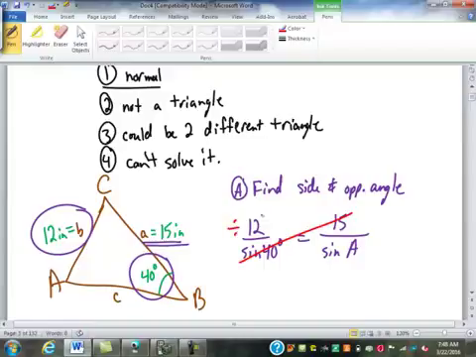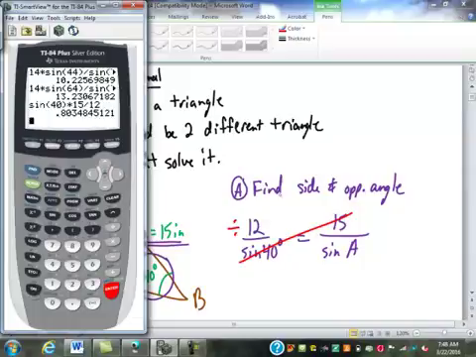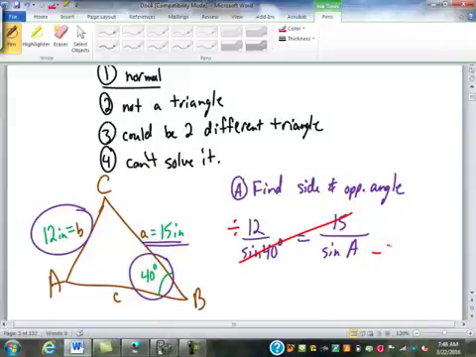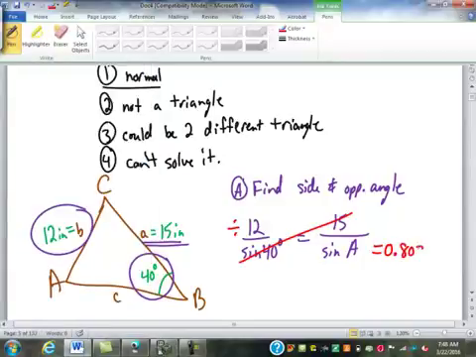Sine of 40 times 15 divided by 12. We get 0.8035. Now this is not our answer. Why not?